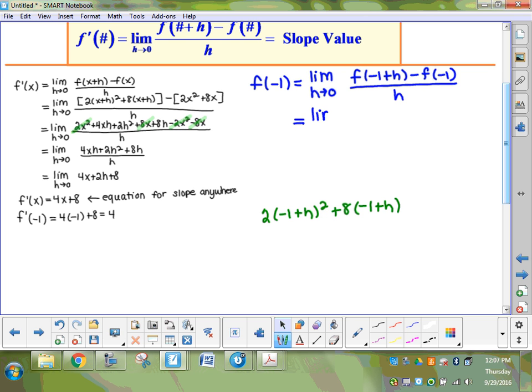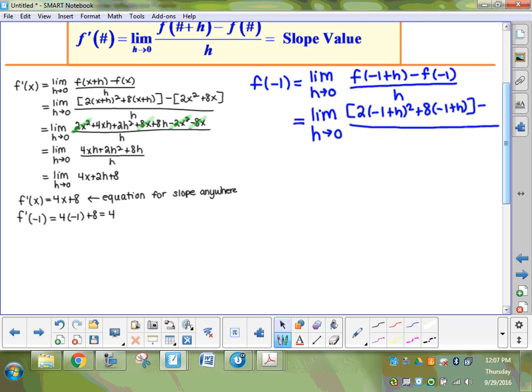This will be the limit as h approaches 0 of 2 times -1 plus h squared plus 8 times -1 plus h, minus the function value at -1. Hands up please when you can tell me what the function's value at -1 would give us.